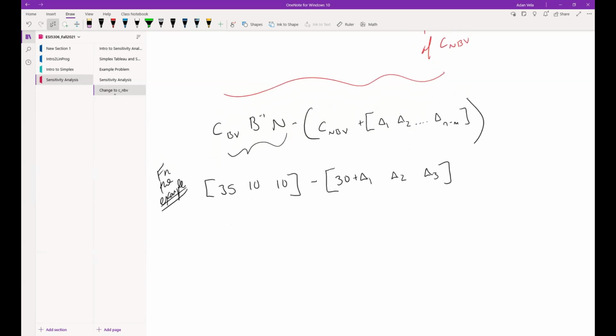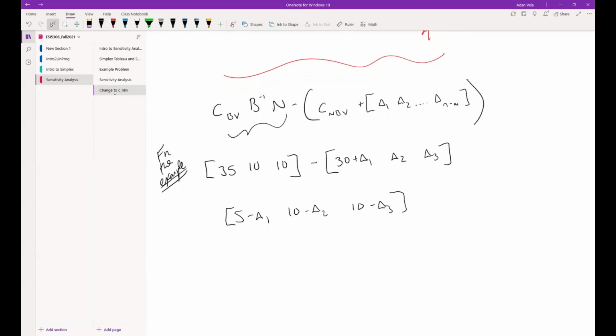When we do that, we get 5 minus delta 1, 10 minus delta 2, and 10 minus delta 3. So it's pretty easy to figure out, for multiple deltas at the same time, when our optimal solution is no longer optimal. But we have to be a little bit careful.